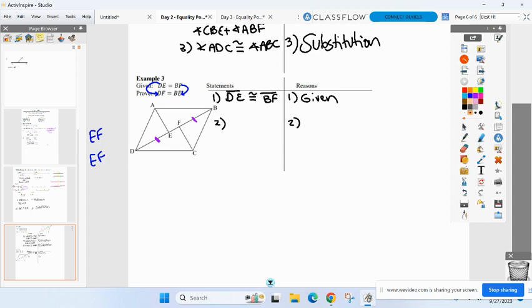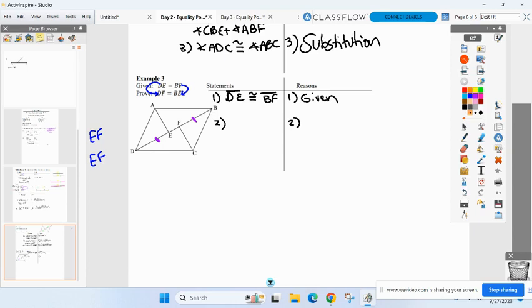What do I know about line segment EF and line segment EF? Because of the reflexive property, they're equal. So how is this weird property going to help me out? It's going to get my second quantity to add. Everyone agrees I only have one quantity right now.